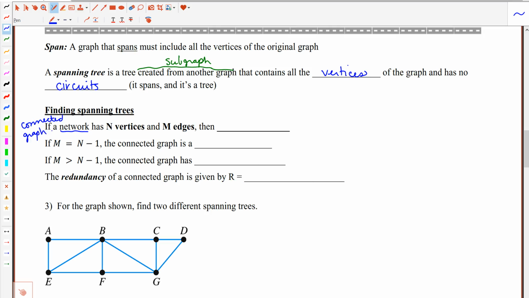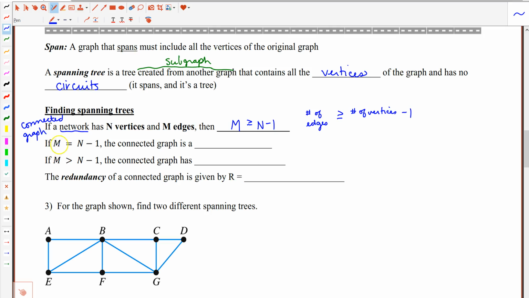So if a network has n vertices and m edges, then m is greater than or equal to n minus 1. So in other words, the number of edges will always be greater than or equal to the number of vertices minus 1.